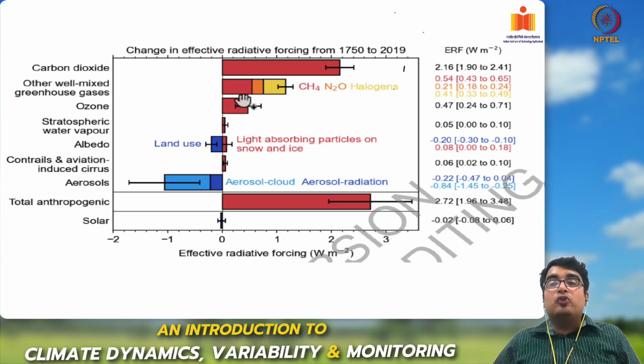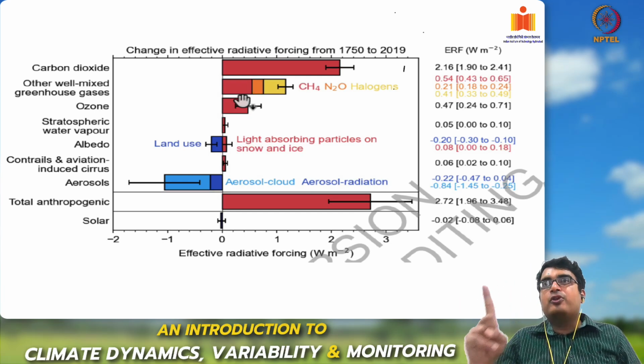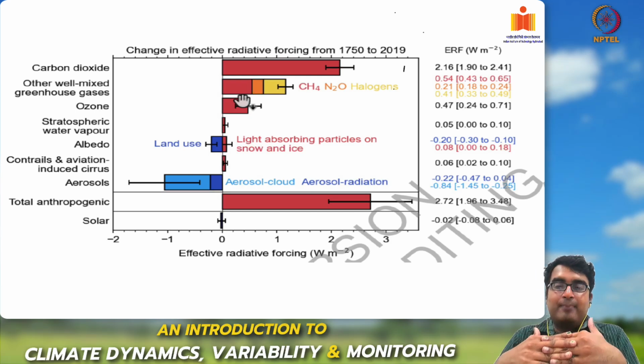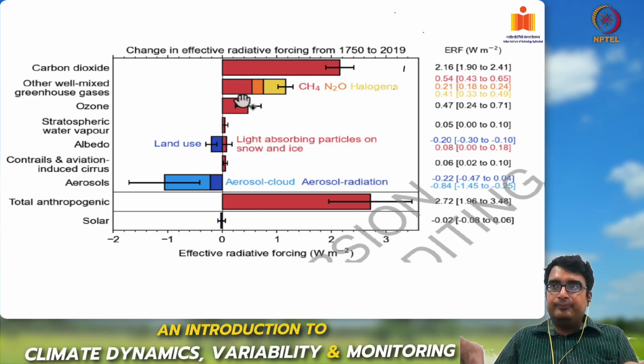Finally, we have ozone. So ozone is a negative radiative forcing gas. If you have more ozone in the stratosphere, it absorbs a lot of the UV radiation, and as a result, less of the radiation is entering the troposphere where our climate is situated. Okay.